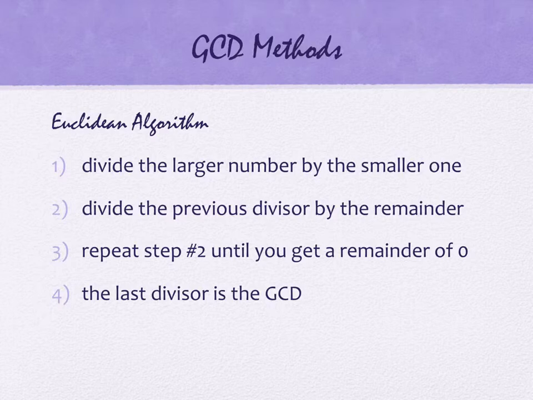The last method is called the Euclidean Algorithm. It's a little bit funny. It doesn't look like the other methods at all. So jot down the answers in your blanks for this one.